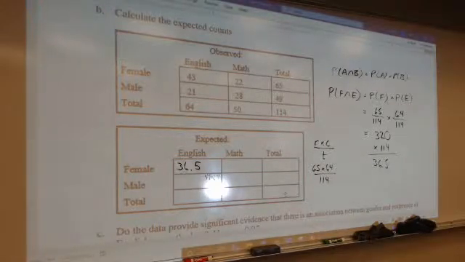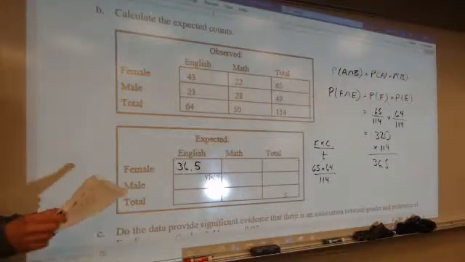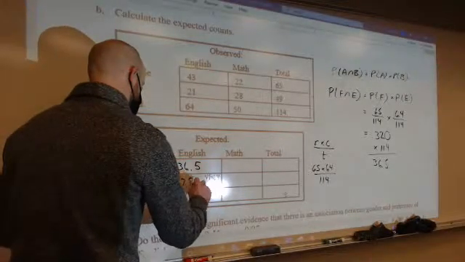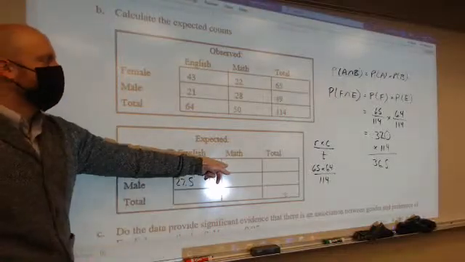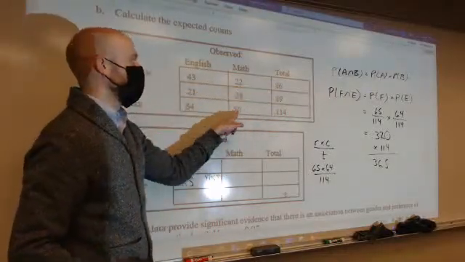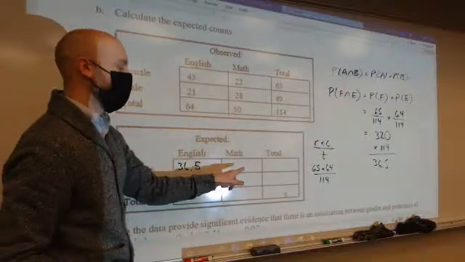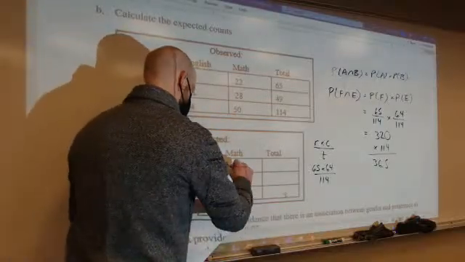It divides it up nicely. All right, so that should be 27.5. And the next ones, if you do the same thing, so for math, we would do 65 times 50 divided by 114, and you end up with 28.5.